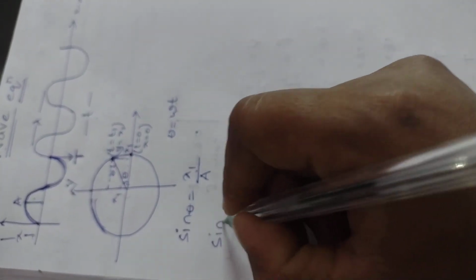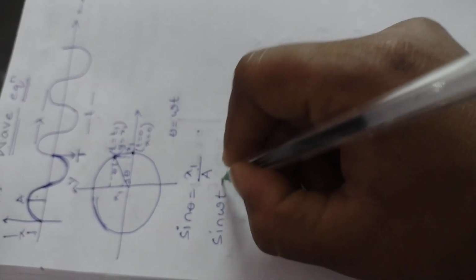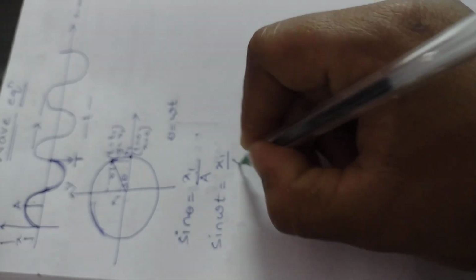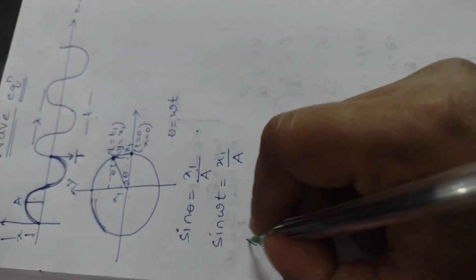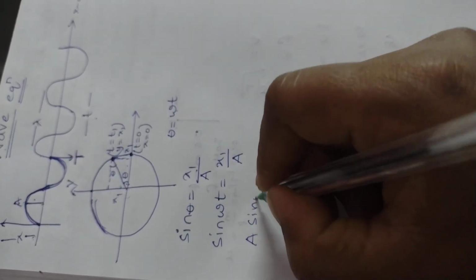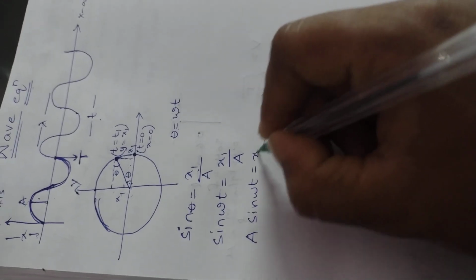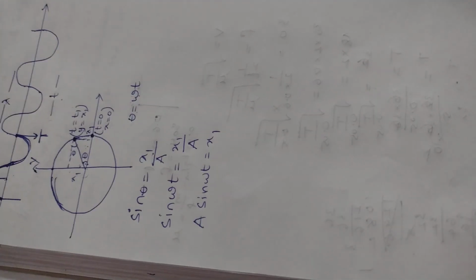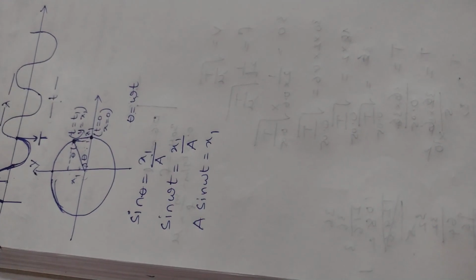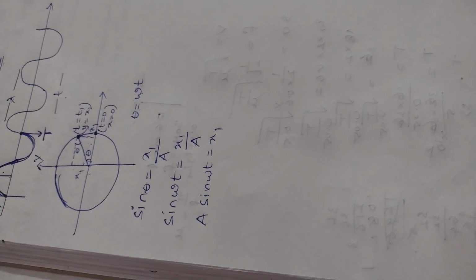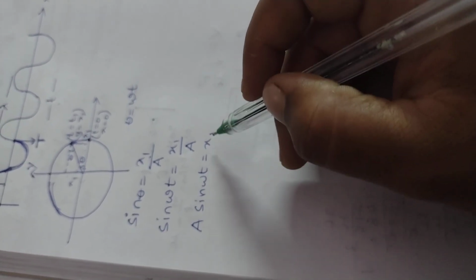Sine omega t equals x1 by A, so x1 equals A sine omega t. This is the general equation for the particle which takes displacement at any time instant t.